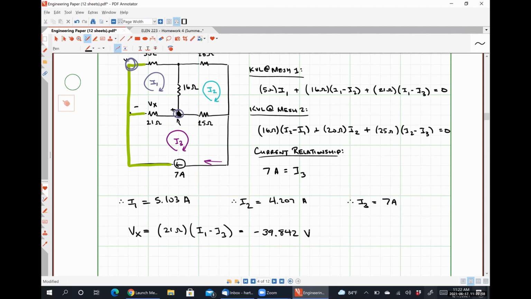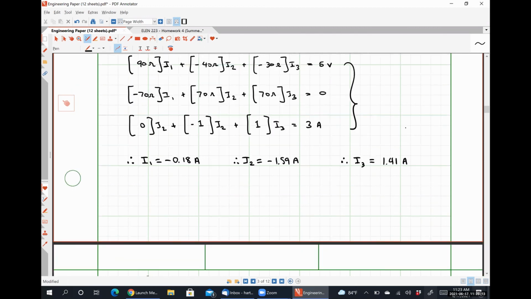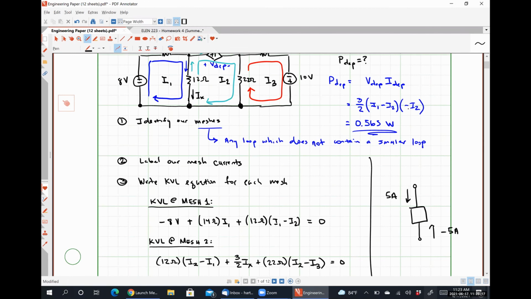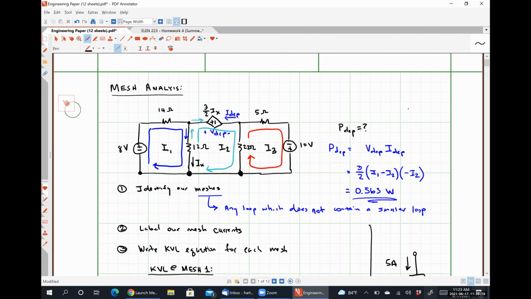All right, so let's recap things here. I'm going to scroll back up through to the very first problem, and we're just going to talk about what we did and then see how we change things whenever we added current sources to the system. So for our first problem, way up here, we had a circuit that contained only voltage sources.